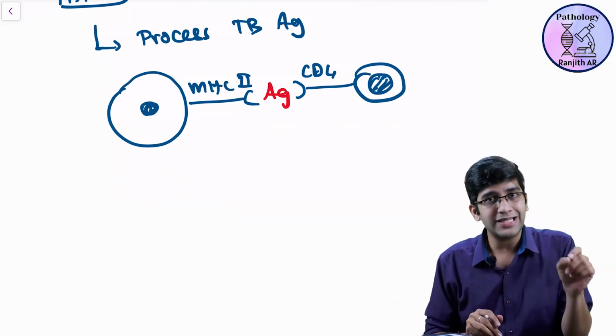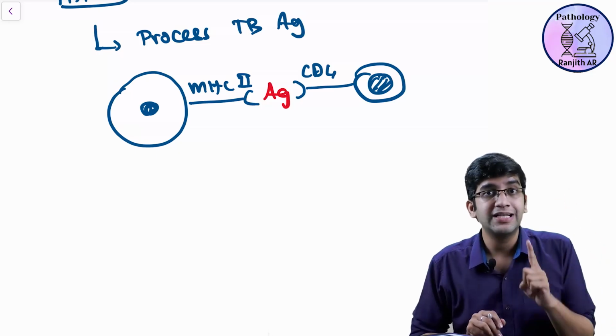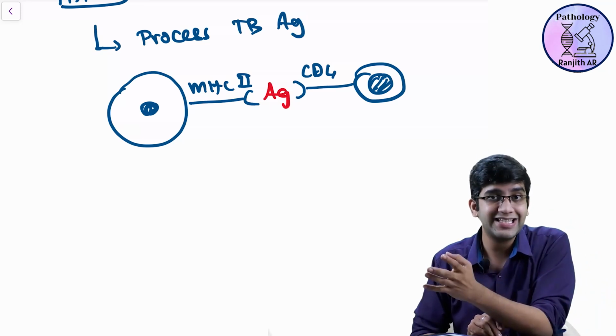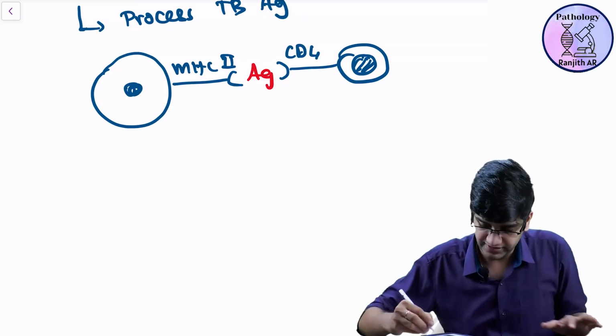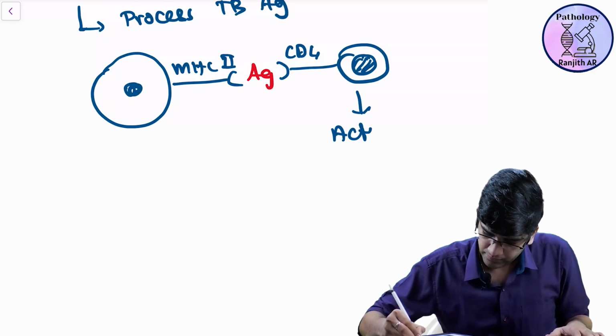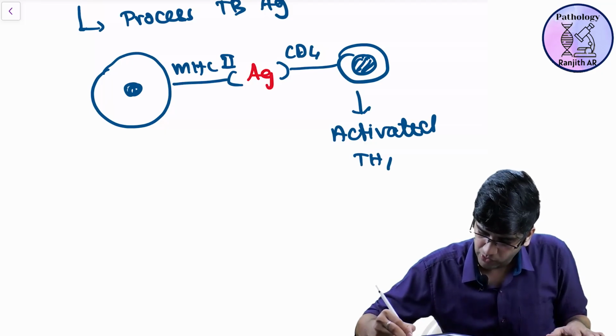Once it presents to a CD4 T cell, if you remember your microbiology, CD4 can get activated via the TH1, TH2 and TH17 pathways. So I'm going to present my tuberculous antigen to my CD4 T cell, and this CD4 T cell is going to get activated via the T helper 1 pathway.